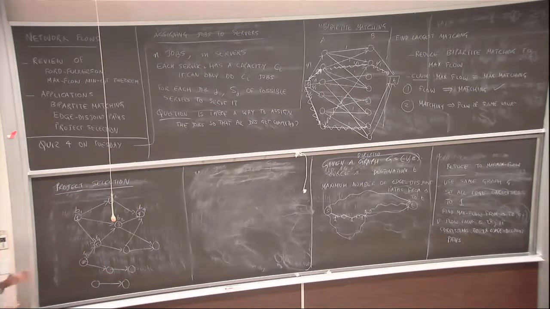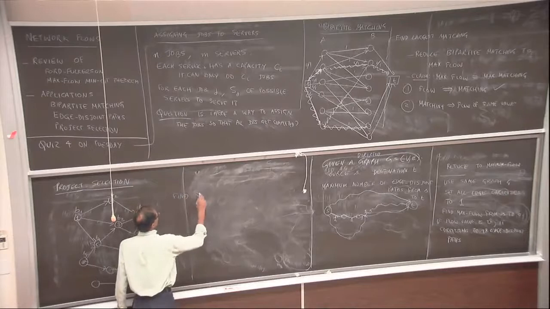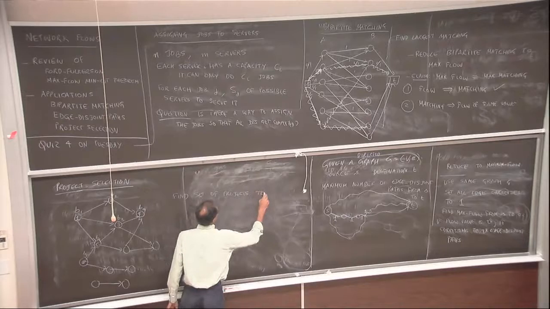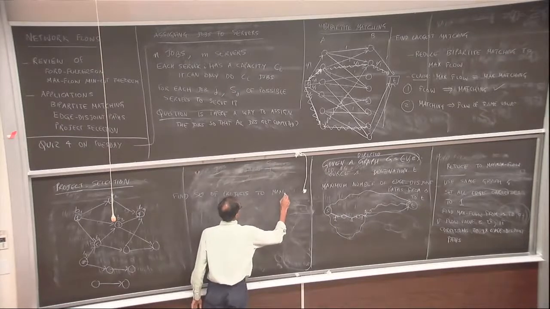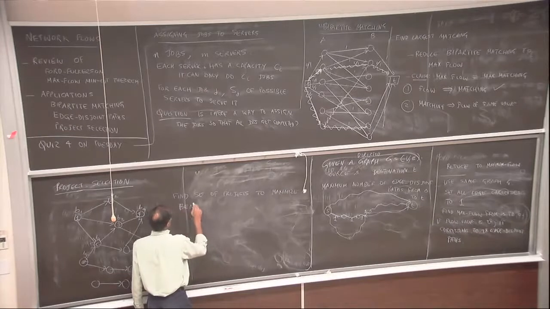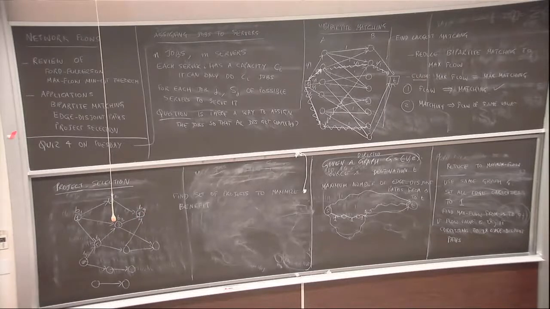Okay. So now here is the problem. I give you this whole chart with all the positive numbers and the negative numbers and so on. I would like you to figure out what projects you are going to do so as to maximize your revenue. Is the question clear?